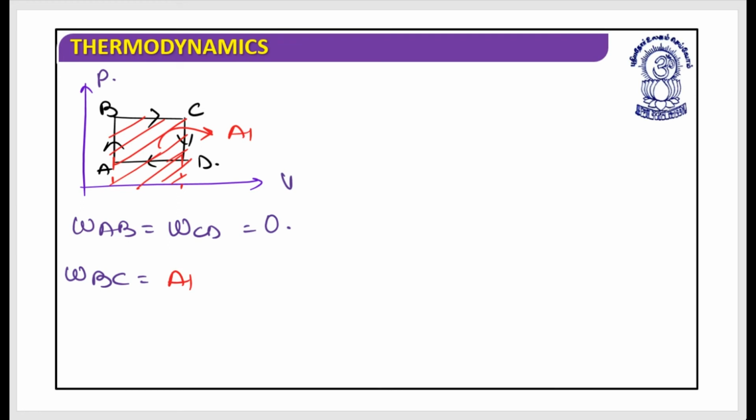Now, this work done due to process BC, is it positive or negative? Yes, it is positive. How could I come to know? Because it is the expansion process, as we have learned two to three slides before, that during the expansion process work done is positive.